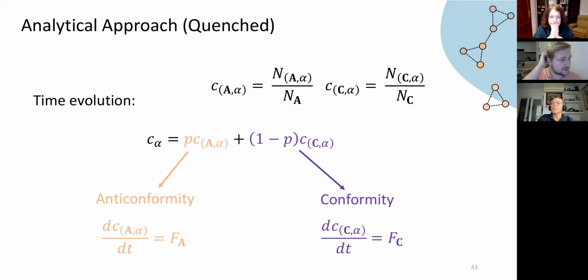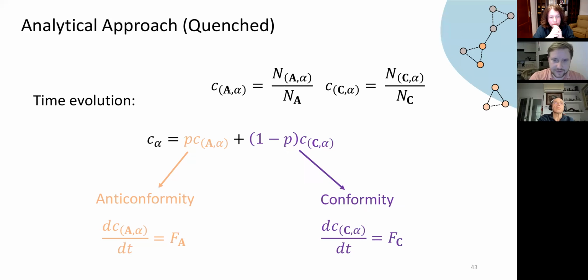So we ask the question again: what will happen if we do the same but with the quenched model? We did it, calculated analytically again and made simulations. But in this case, to track everything, we should introduce more equations.